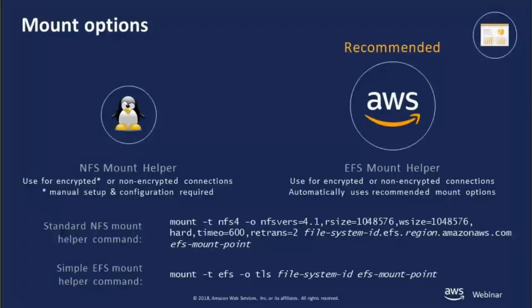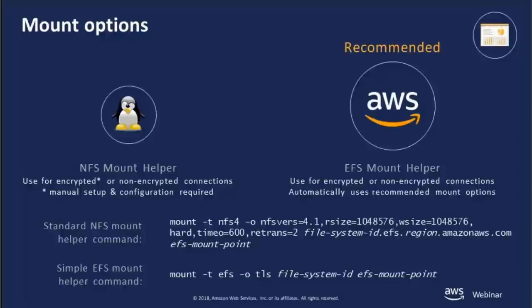We do recommend using the EFS mount helper. And again, that's just a wrapper to mount it using the NFS 4.1 protocol with our recommended mount options. As you can see here, comparing the standard NFS mount command versus the EFS mount command, it's a much simpler operation to mount that file system.